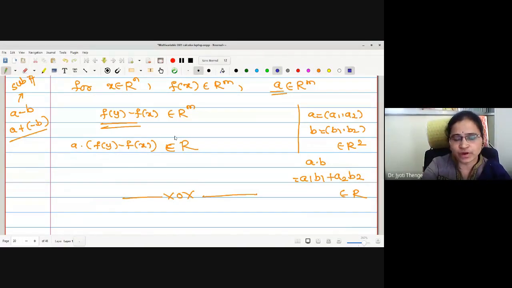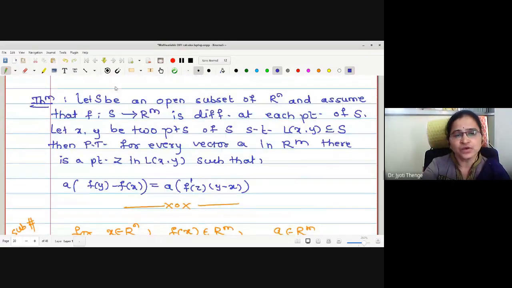Coming to the proof, in order to prove this result, we start with S an open subset of Rn. Function f is defined from S to Rn, which is differentiable. X and y are two points of the set S such that the line joining the two points is in the same set. Why is this condition essential? Because whenever the line joining the two points is in S, then whatever Z number we obtain on the line will be in the same set.